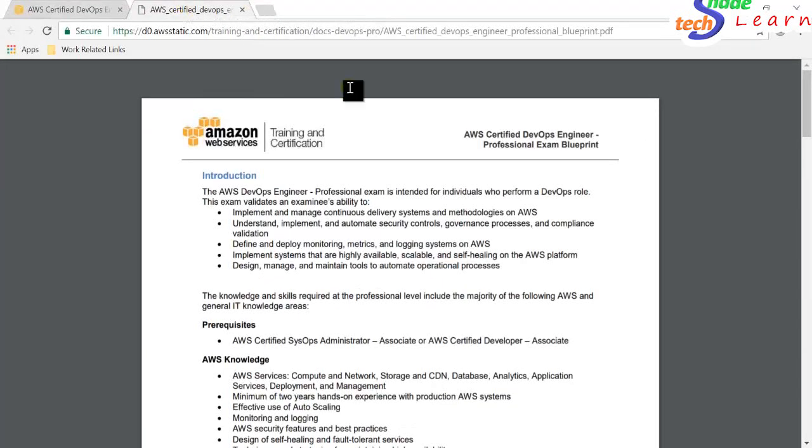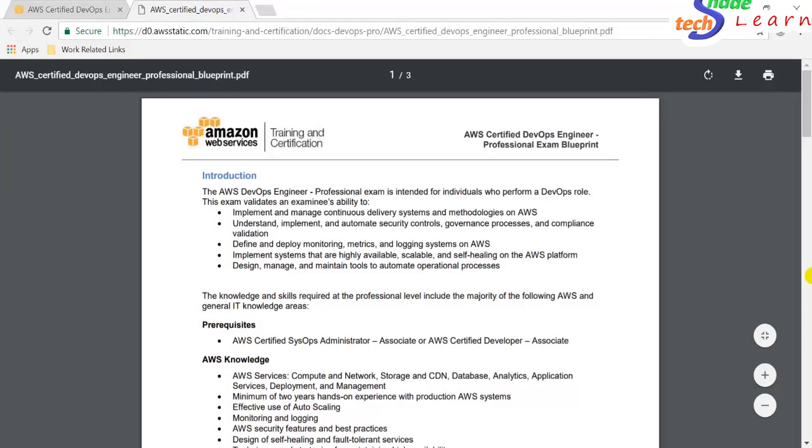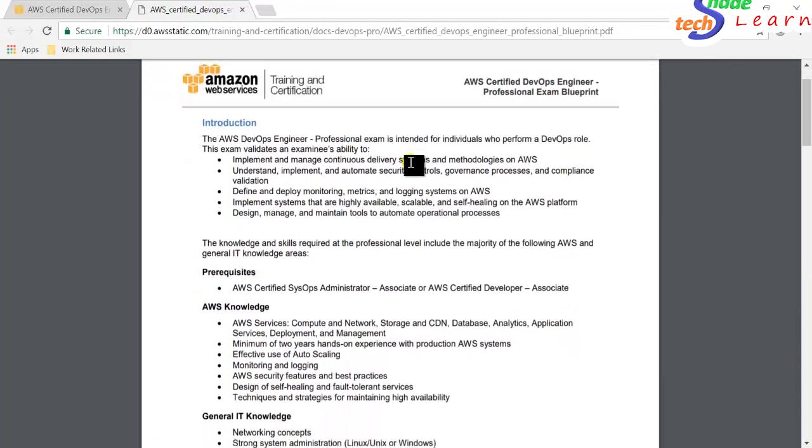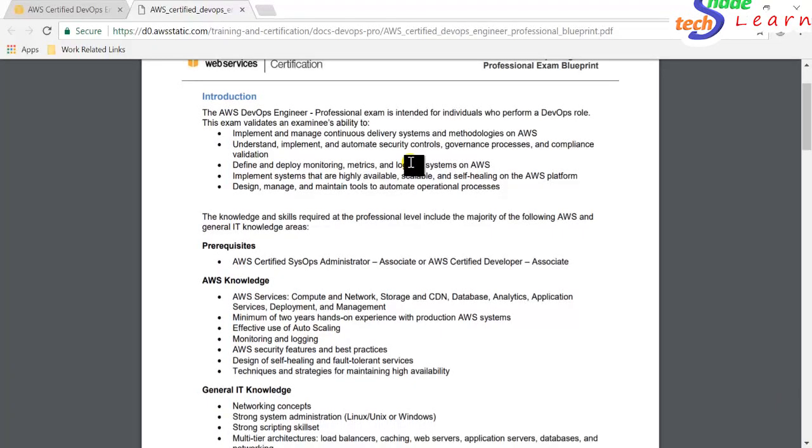Okay, so this is the exam blueprint, how it is going to be. The introduction says the AWS DevOps Engineer Professional exam is intended for individuals who perform a DevOps role. The DevOps role spans from developer to operations.